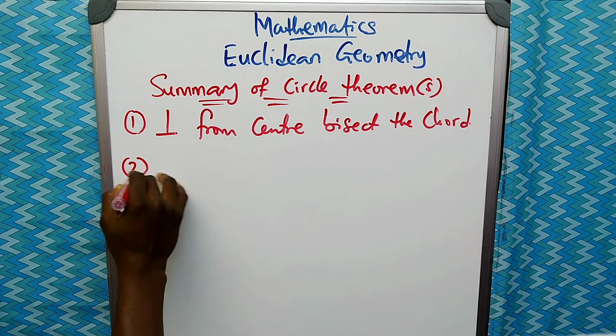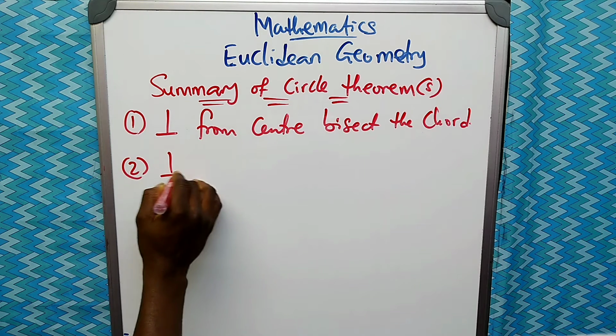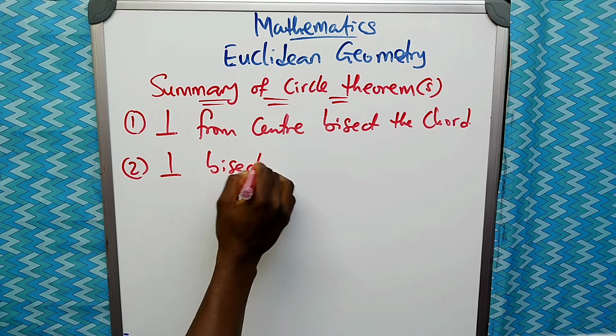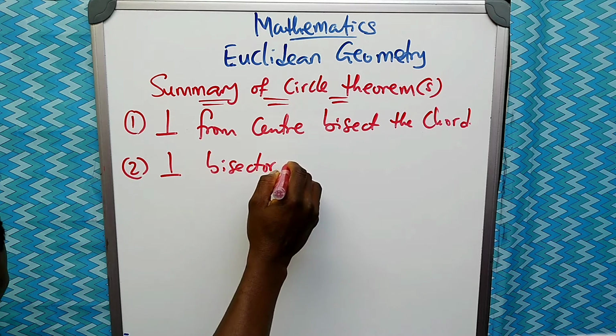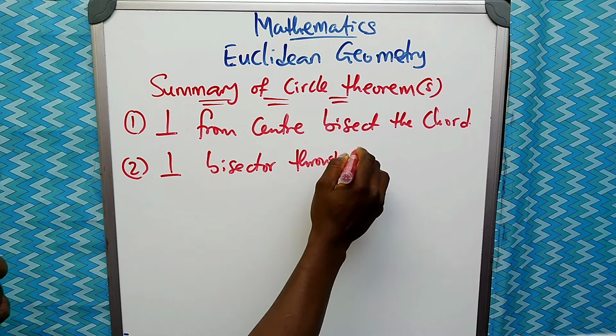Number two, we have the perpendicular bisector through the center, which means the perpendicular bisector of a chord passes through the circle center.